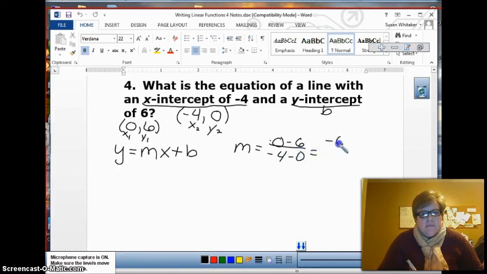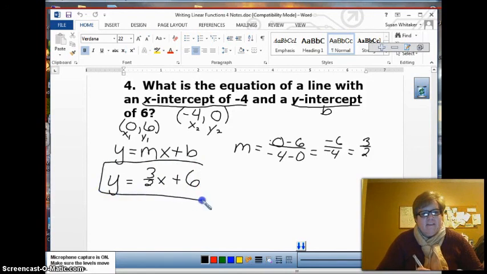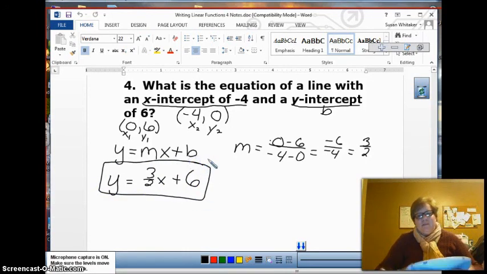So I get negative 6 over negative 4, which will, let's see, simplify to 3 over 2. So if I go back to y equals mx plus b, I have m. I have b, so y equals 3/2 x plus 6. They tried to sneak one up past us, but I think we're on to them.